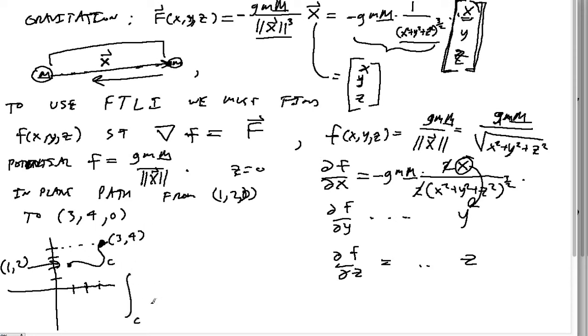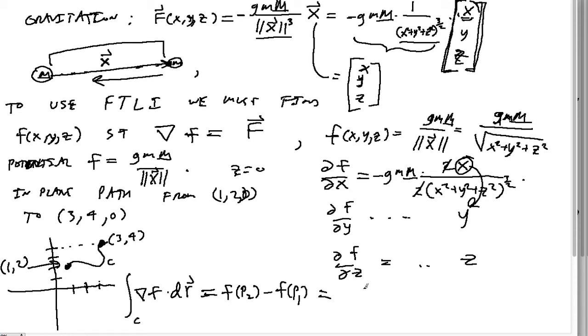So the integral over C of the gradient field, which is the gravitational field now, dr of that path, we simply have to evaluate f at the 2 points. We need to evaluate it at point 2 first. So that's going to be f at point 2 minus f at point 1.